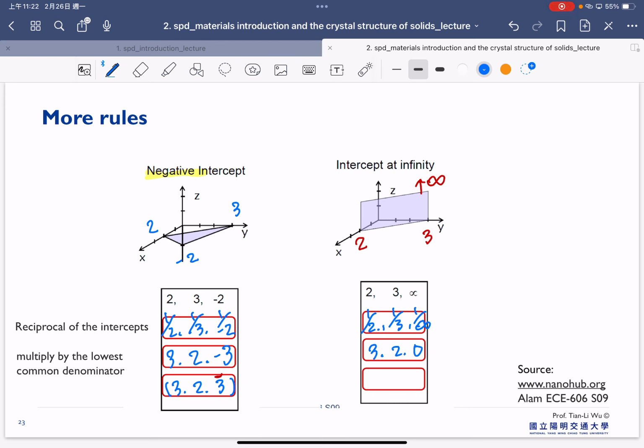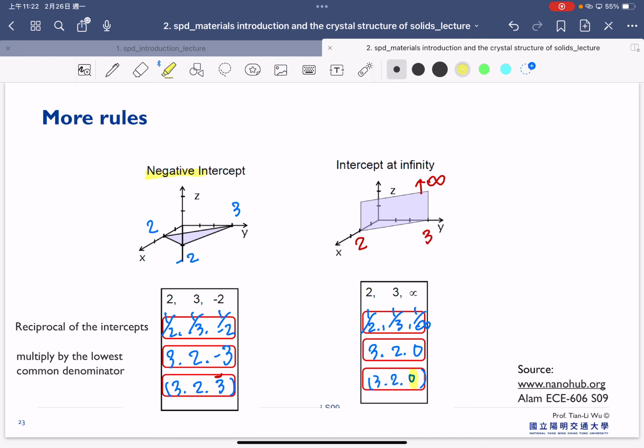Finally, the Miller index is shown here. So as long as there is a 0, that means there is an intercept that approaches infinity.